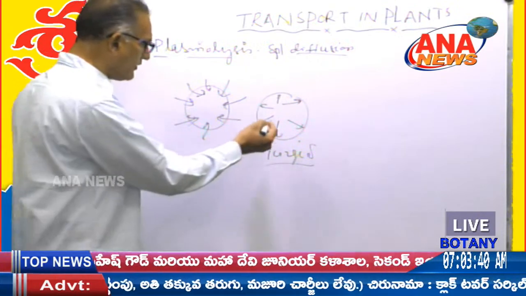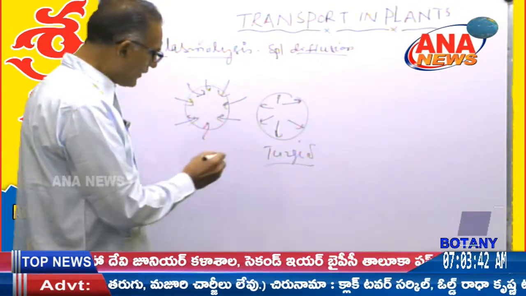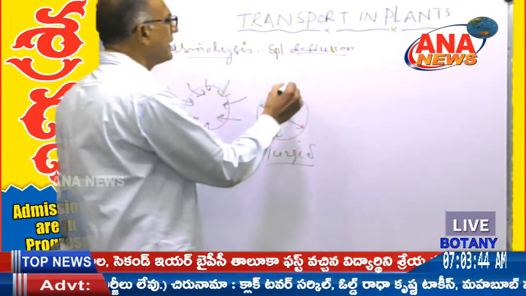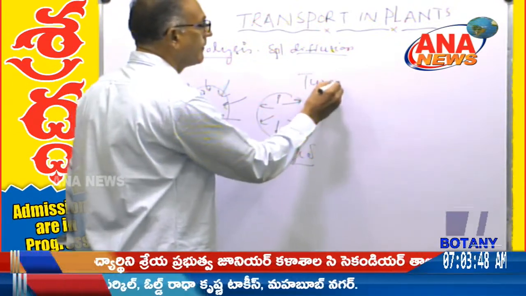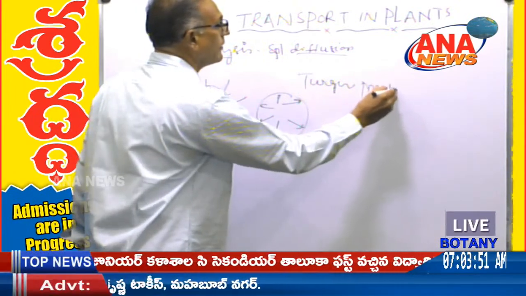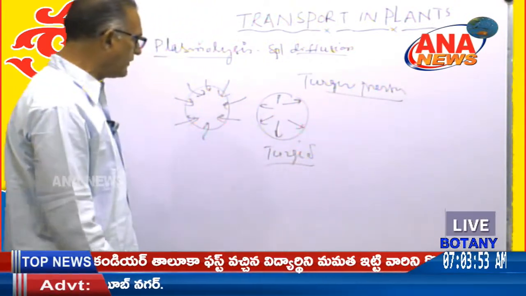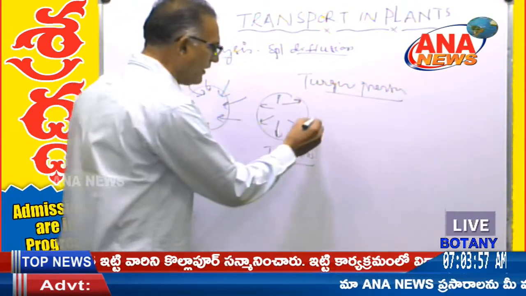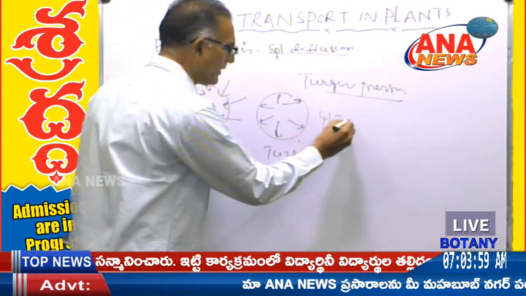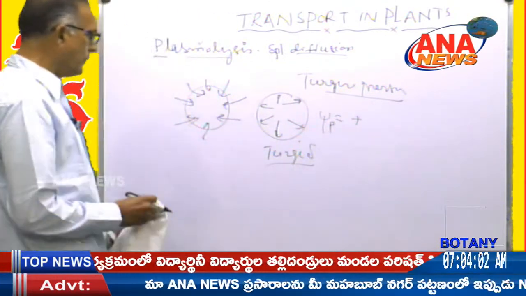The pressure which is required for turgidity of the cell is called pressure potential, or turgor pressure. In turgid cells, the pressure potential is positive.